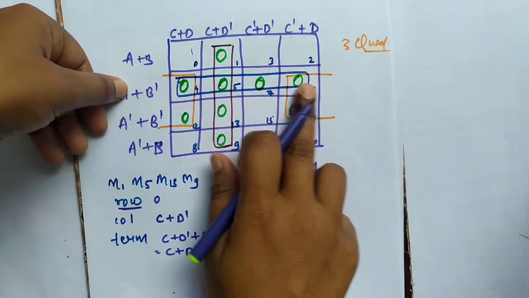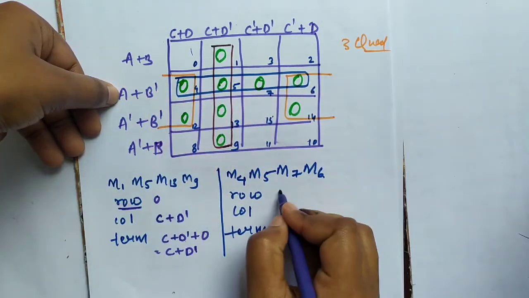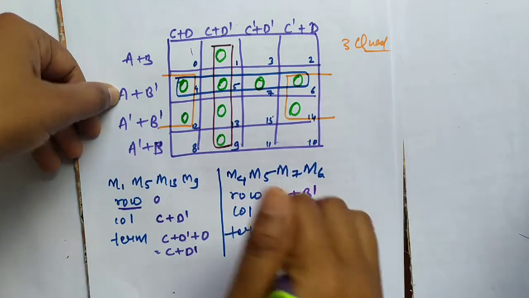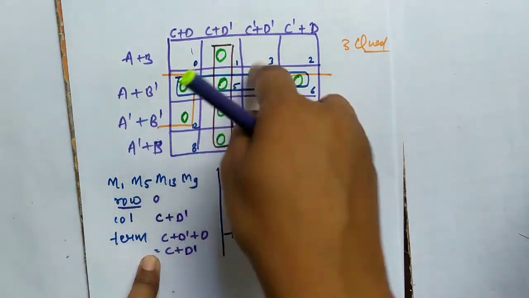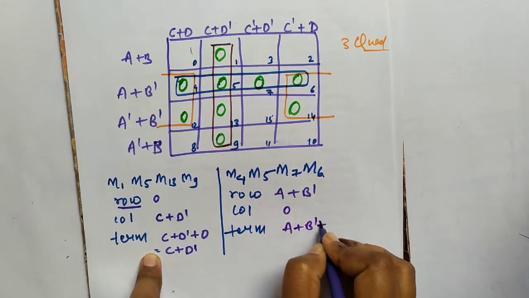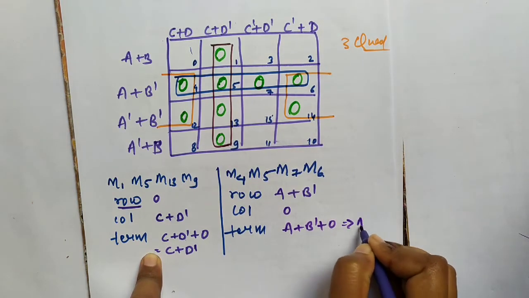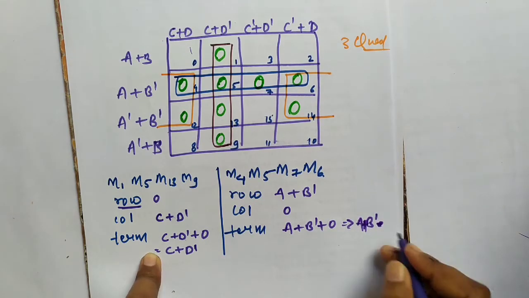For the row, all 0s are available in the same row, that is A plus B dash. But in the column nothing will be the same, so the column is 0. So the term is A plus B dash plus 0, that means A plus B dash only.